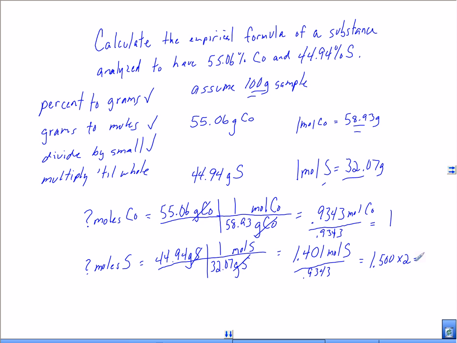If I multiply this by 2, that gives me 3. That's definitely a whole number. That'll work. But if I multiply this by 2, I've got to multiply this guy by 2. So 1 times 2 is 2. And these numbers here, these are the subscripts. So it's Co2S3. And there is my empirical formula, Co2S3.